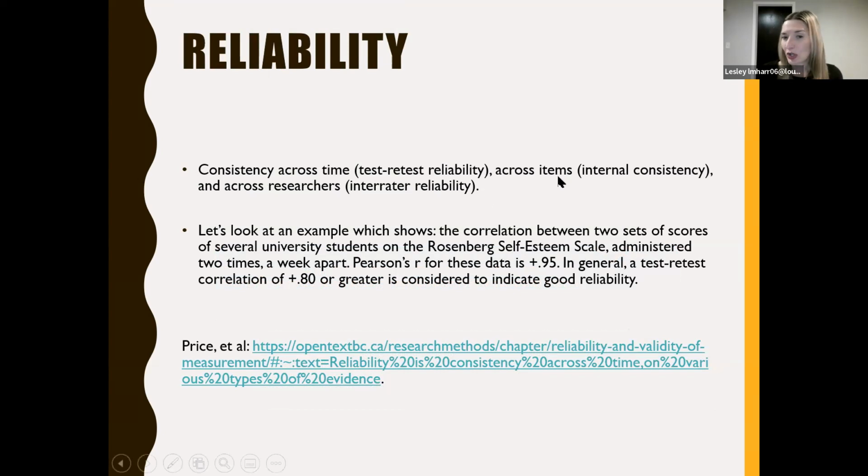There's also internal consistency, which is across items, meaning that all the items or questions on the scale should really hang together. There shouldn't be one item that really skews your answer in another direction or maybe tries to measure a different construct.